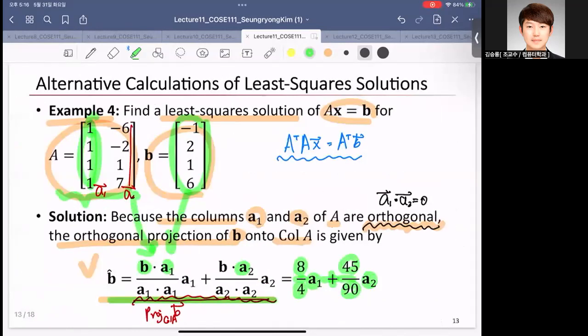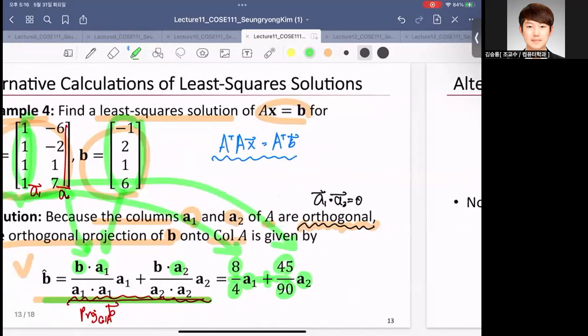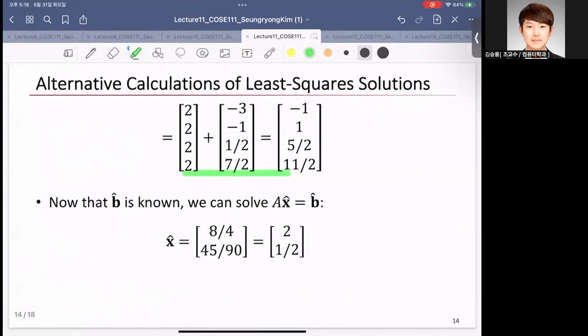Then from A1 and A2, we can find that b hat is (-1, 1, 5 over 2, 11 over 2, 11 over 2). Now that b hat is known, we can solve Ax equals b hat. Here, x hat was the least square solution.